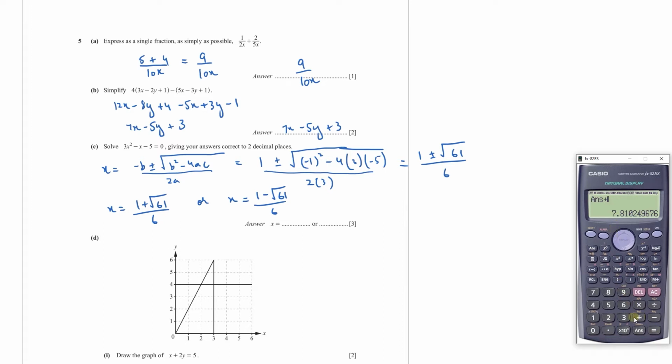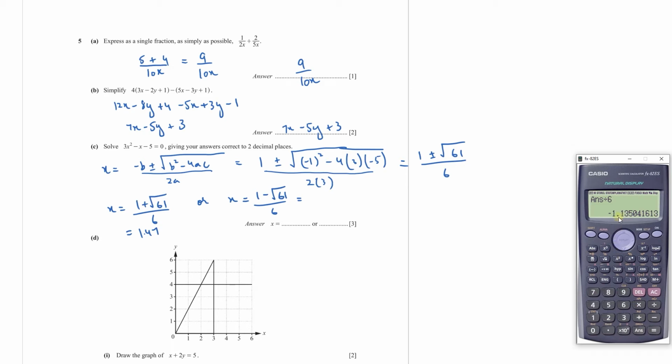7.81 and then plus 1 and then divided by 6. So this will be 1.47. I'll write up to three significant figures. So this one here is 1.47, and this one here, again calculate square root of 61, and then you will do 1 minus the answer, and then divided by 6.